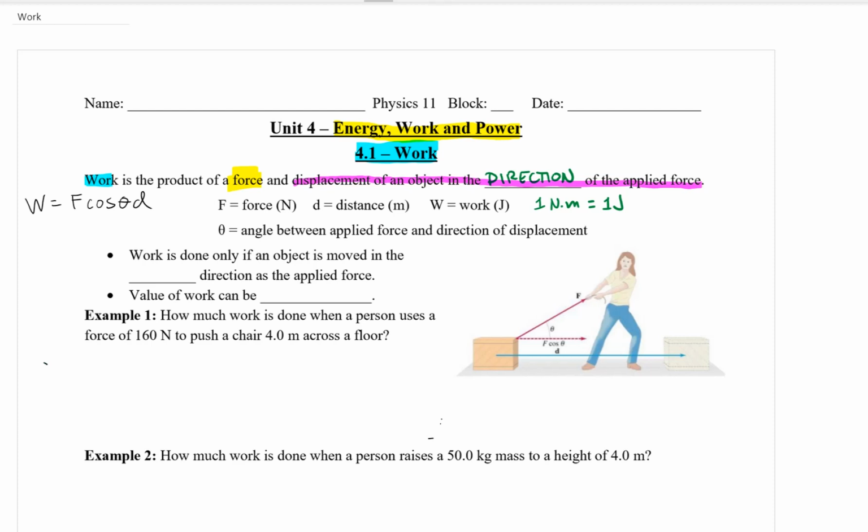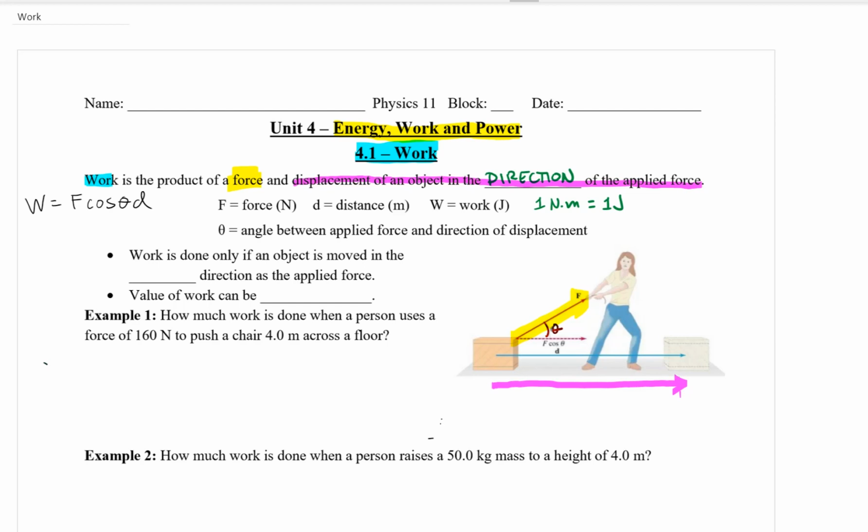Try to focus on the figure here. We have F, the force. However, the force applied is angled off with the displacement. Displacement is in the direction here. So that is your displacement.